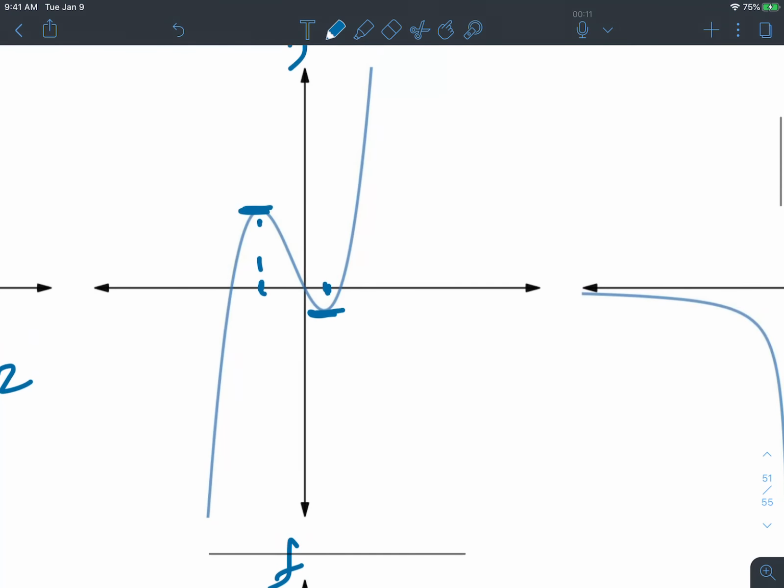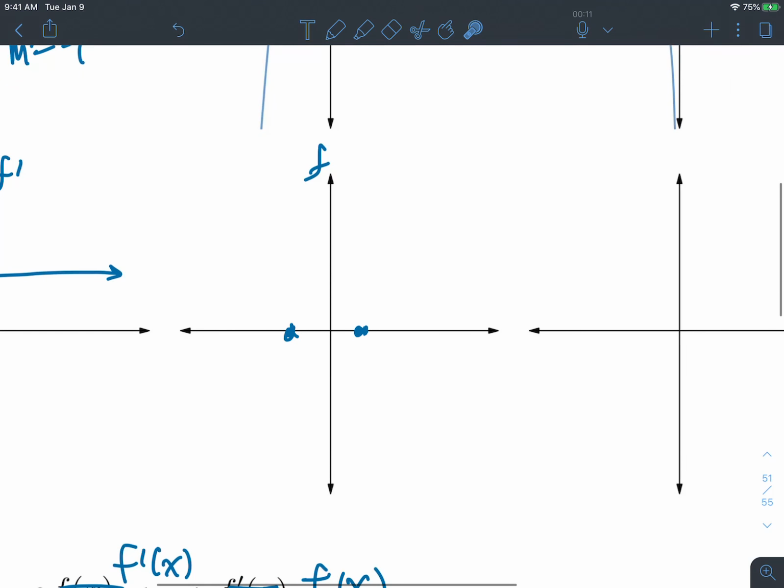Now, right in the middle, I want to choose the middle, right here. And my slope appears to be, I don't know, -3. So right around here, my slope is 1, 2, it's about here, -3.